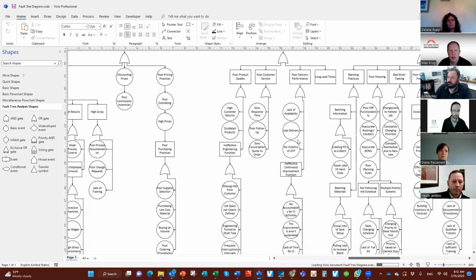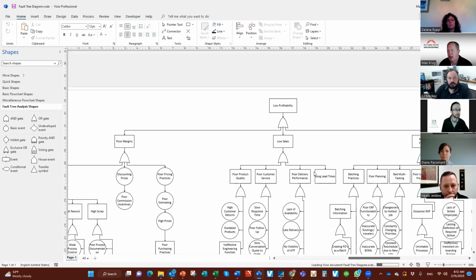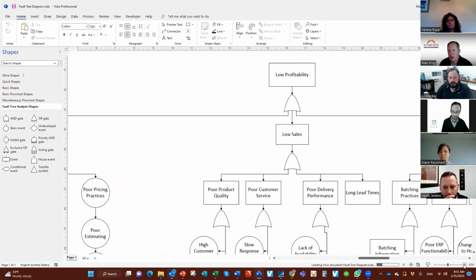I know some people have seen this. So a fault tree is a top-down method for identifying what are the contributing factors to different variables in the organization.